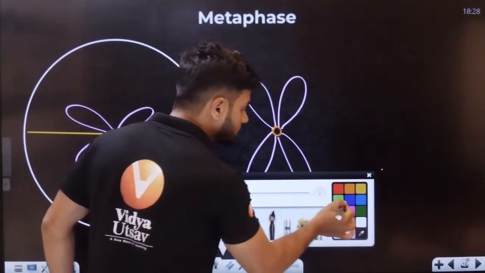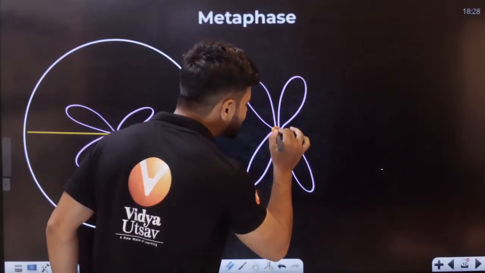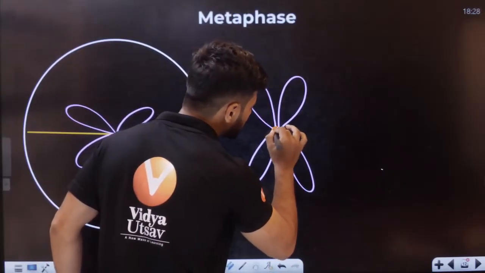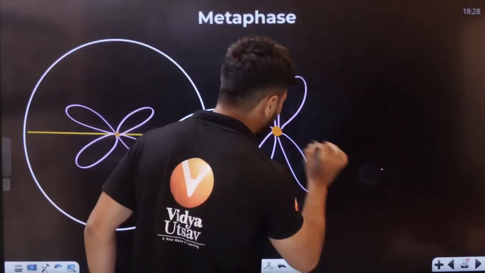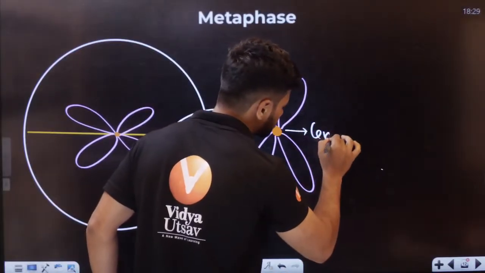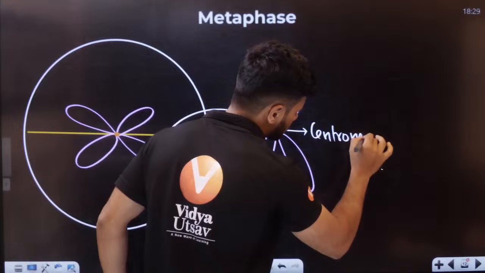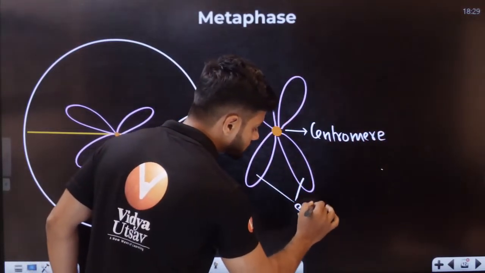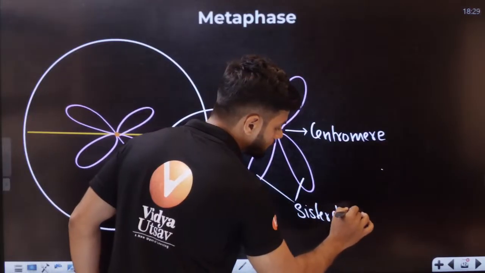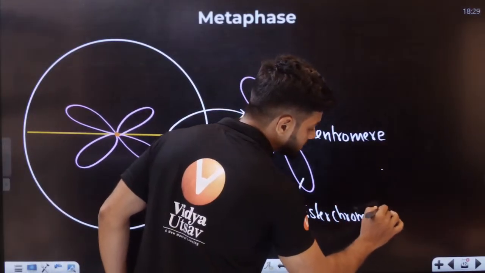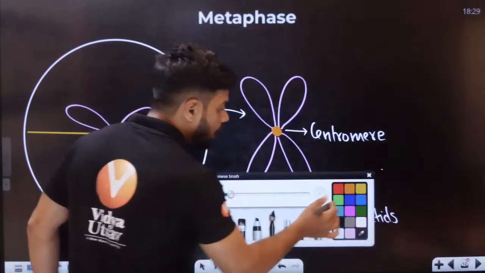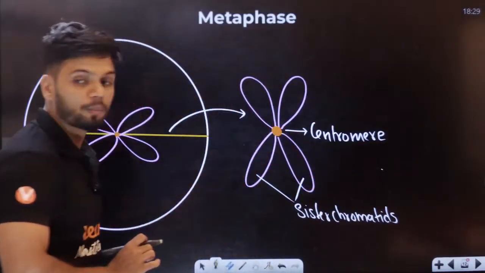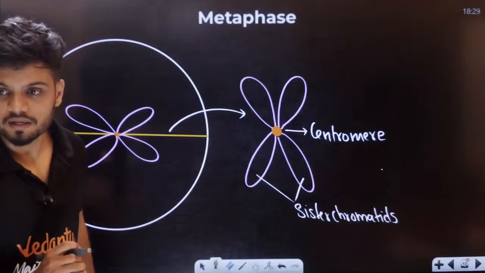Now, this center part is called the centromere. These are called sister chromatids. Now, around the centromere, what happens, students?